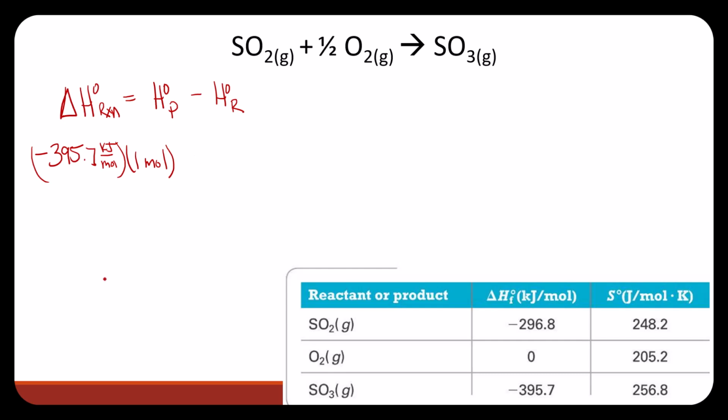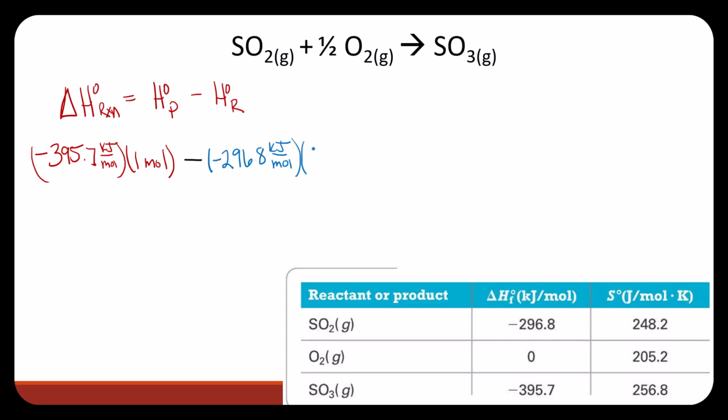Then we are going to subtract that from the enthalpy change of our reactants. I'm going to change colors here just so you know I'm dealing with reactants now. Our reactants are going to be sulfur dioxide. The enthalpy change for sulfur dioxide is negative 296.8 kilojoules per mole.